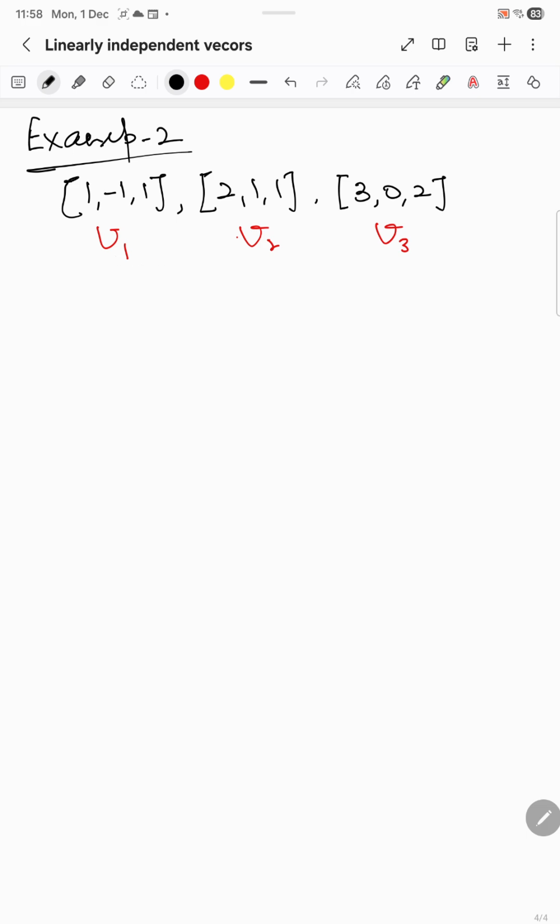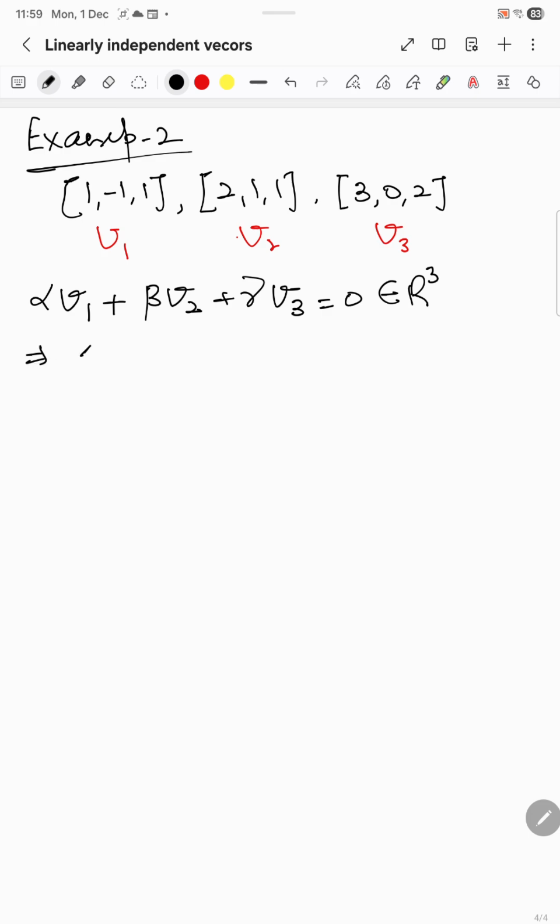In order to check this, again we have to make a linear combination. So again we will write alpha times v1 plus beta times v2 plus gamma times v3 is equal to 0. And again I am repeating the same thing, that this 0 is also coming from R3.